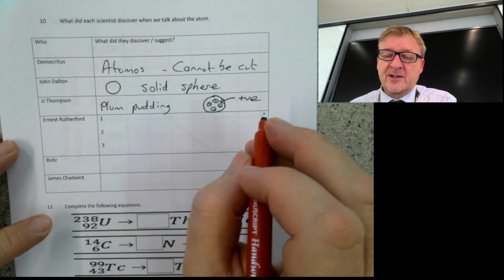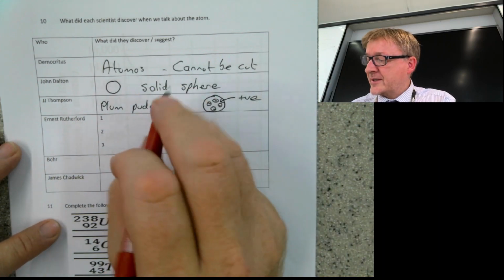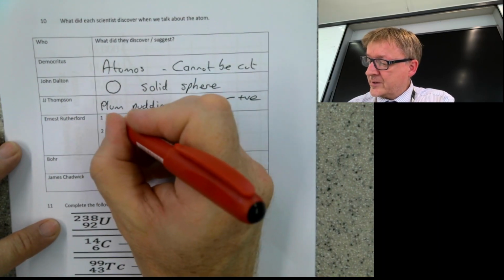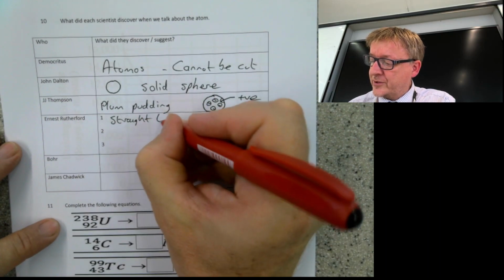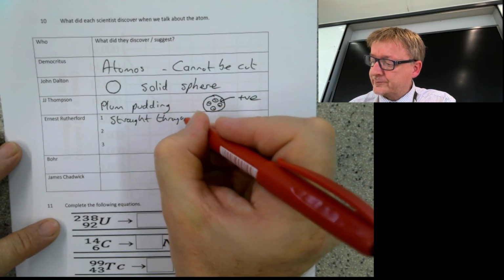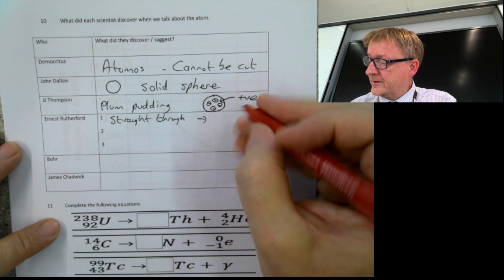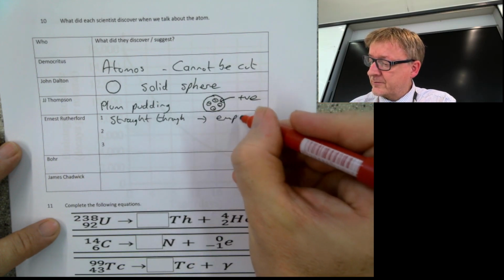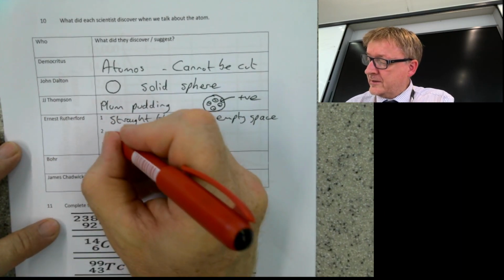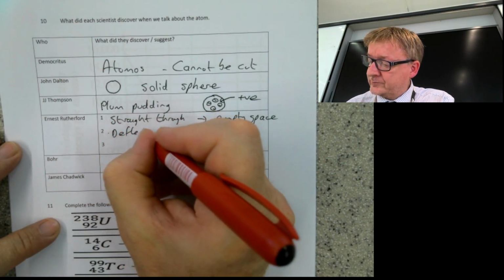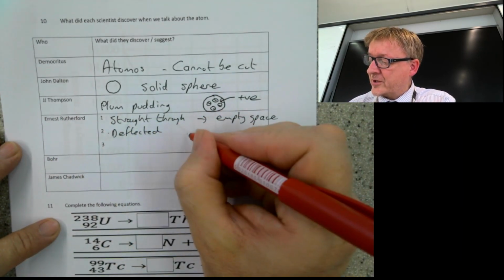Rutherford, right, this is the one that's tested the most. So straight through, we've already done this in this test itself. That means empty space. Deflected, that means change direction.